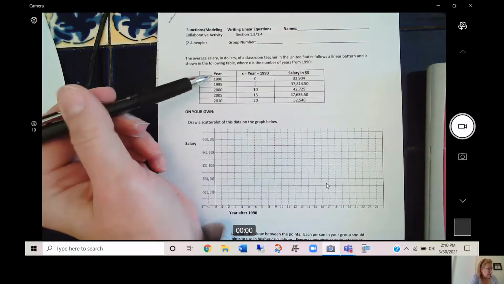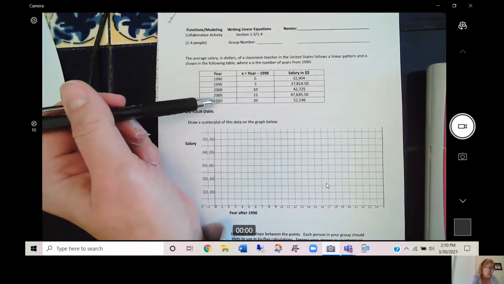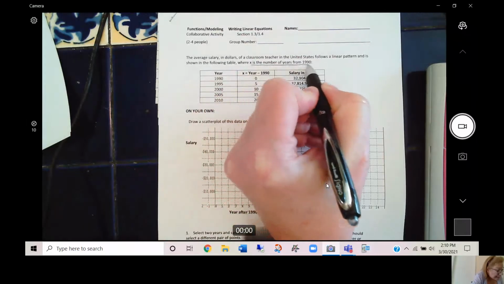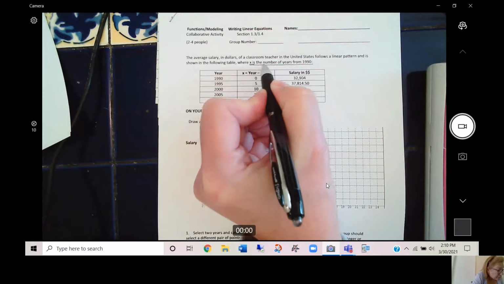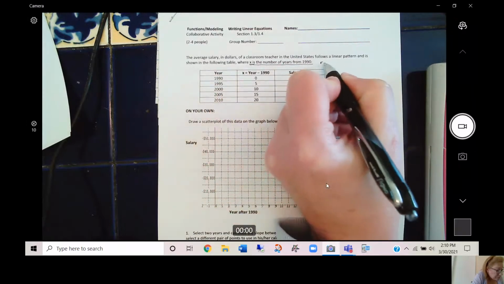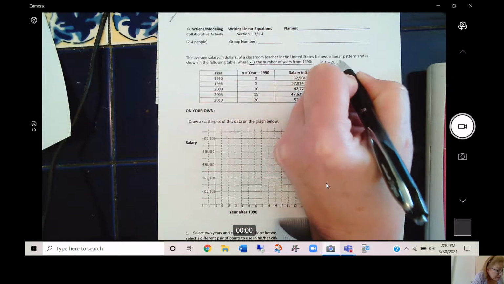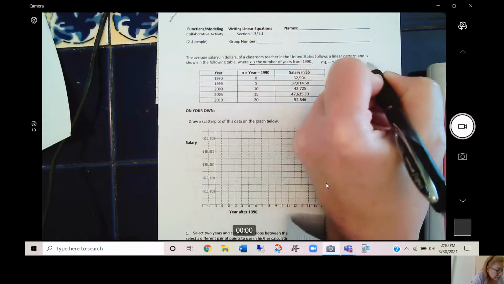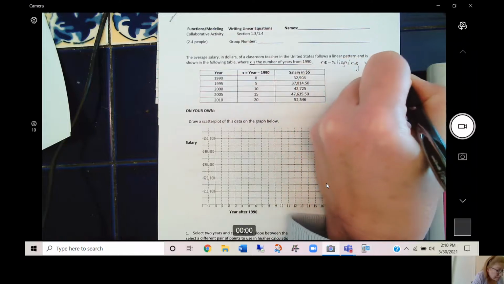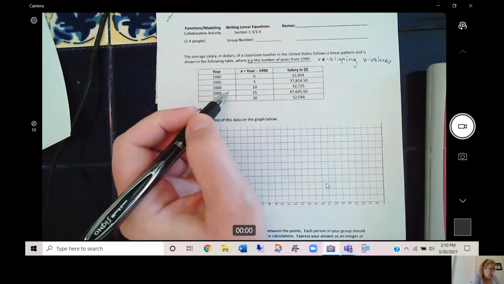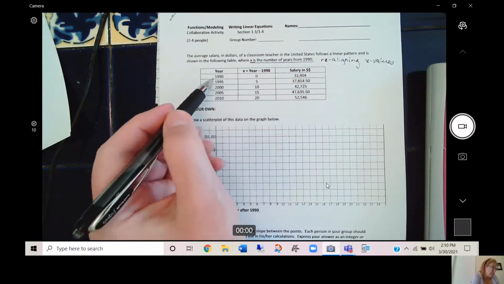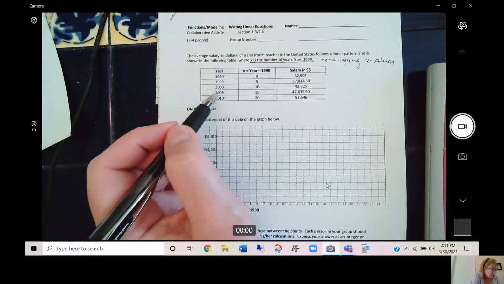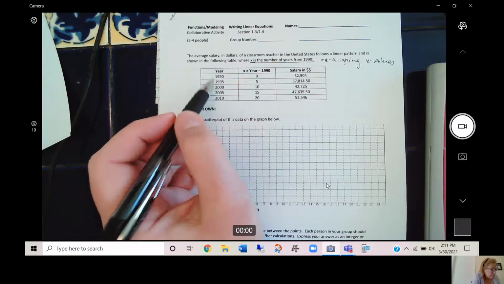A lot of times in a data set, they'll give you the year, but if you read the definition of the function, they do something called realigning your input or X values. Realigning your X values typically means you have a start year, and rather than dealing with huge X values like 1,995 and trying to graph that, we just scale it by the starting year.